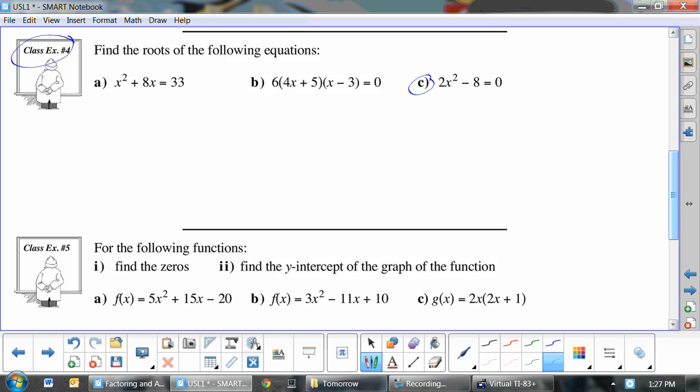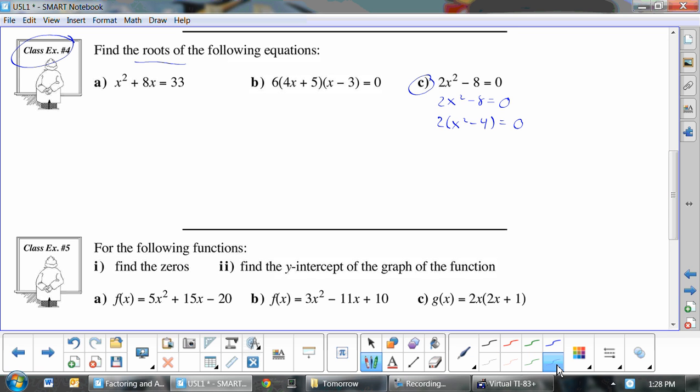So find the roots of the following equations. When you read find the roots, that's just solving the equation, just like we did in the entire last unit. So if we have 2x squared minus 8, and we're trying to solve this equation, what's the first step? You got it. Pull out that 2. Okay, and then what else do we notice about it from the last unit? Yeah, perfect.